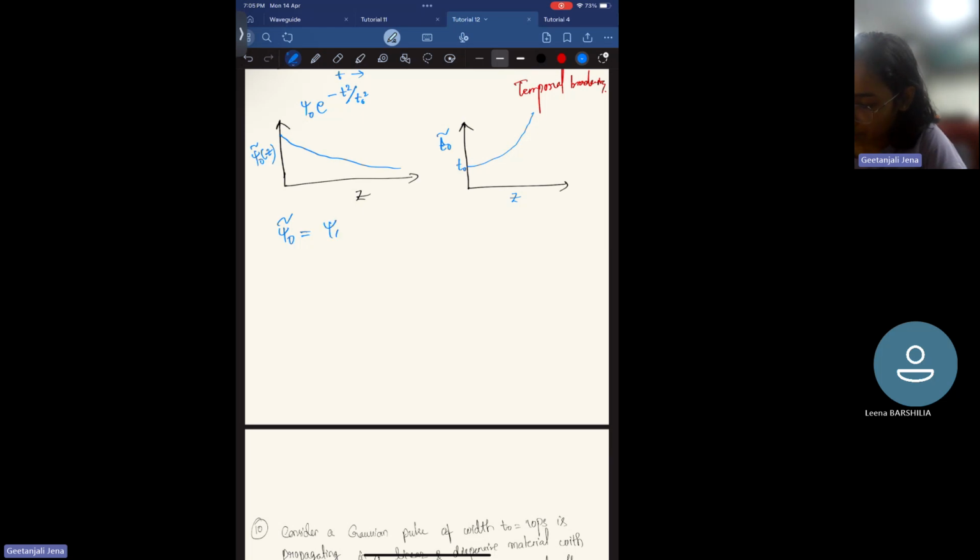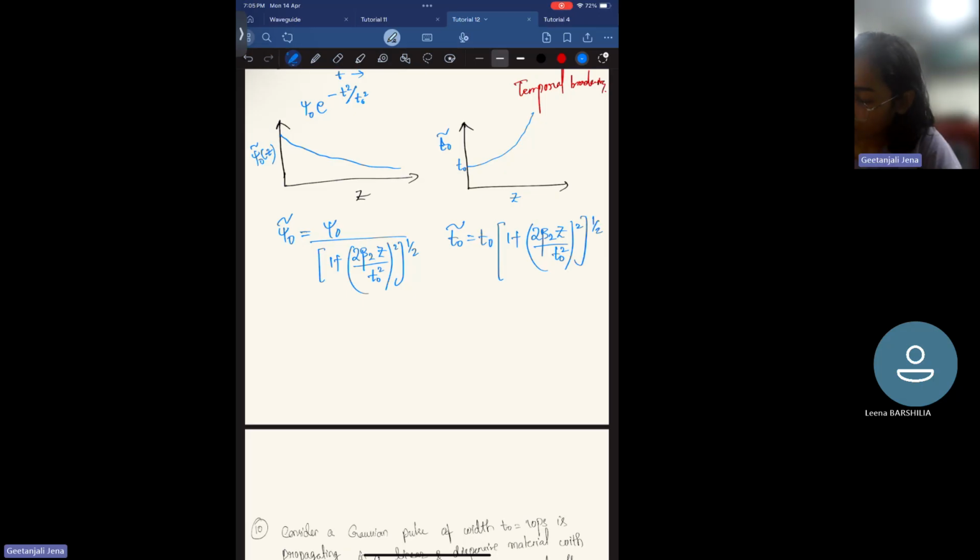Psi 0 prime is psi 0 divided by the square root of 1 plus 2 beta 2 z by t0 square, and for the temporal width that we need to find in this question, T0 prime will be the initial width times the square root of 1 plus 2 beta 2 z by T0 square.